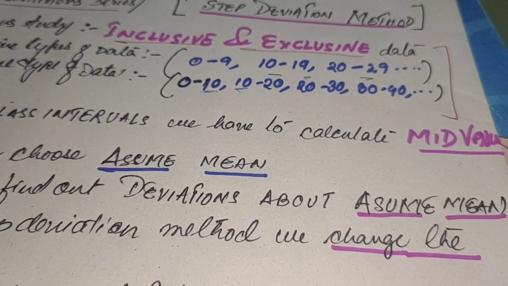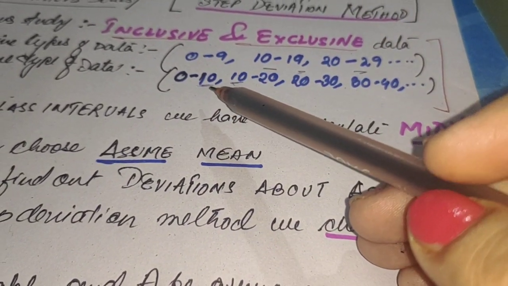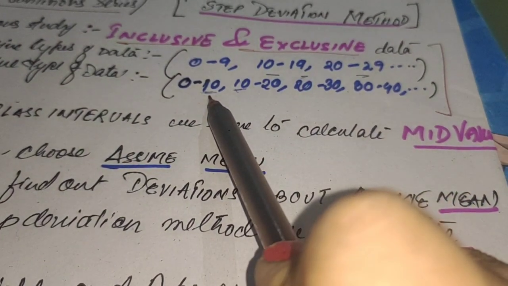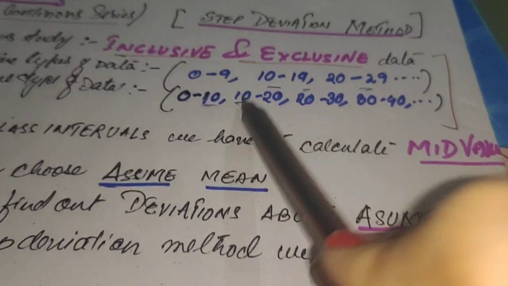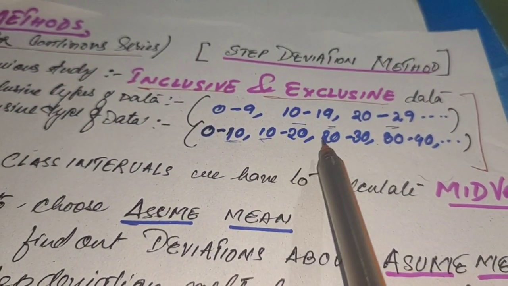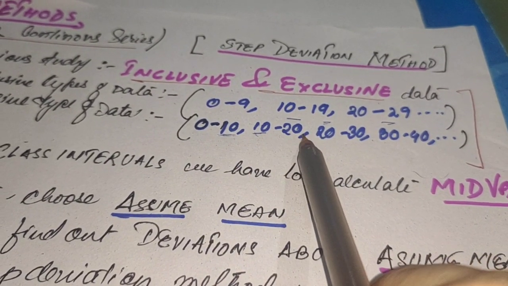Yes, we count till 9 including 0. So what we actually did is exclude 10, the upper limit, from this side. Similarly, when we start from this part, we include 10 but exclude 20. Include 20, exclude 30.